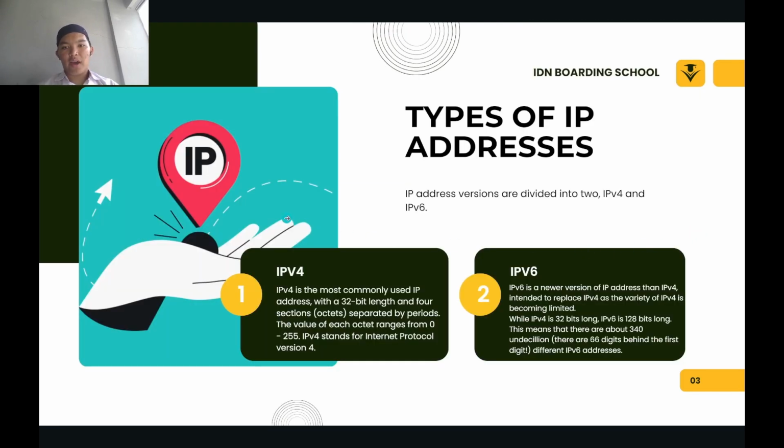Next, the types of IP address. IP address versions are divided into two: IPv4, or IP version 4, and IPv6, or IP version 6. IPv4 is the most commonly used IP address, with a 32-bit length and 4 sections called octets, separated by dots. It is divided into 4 octets, and each octet has 8 bits.